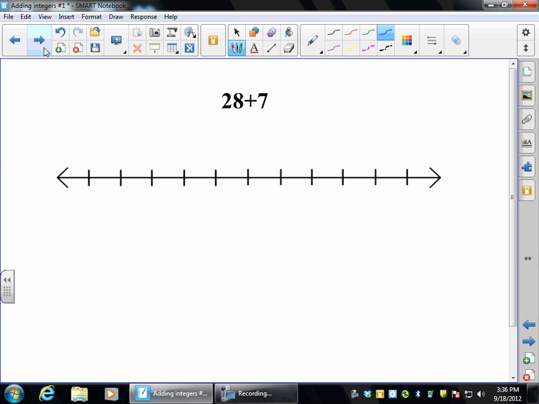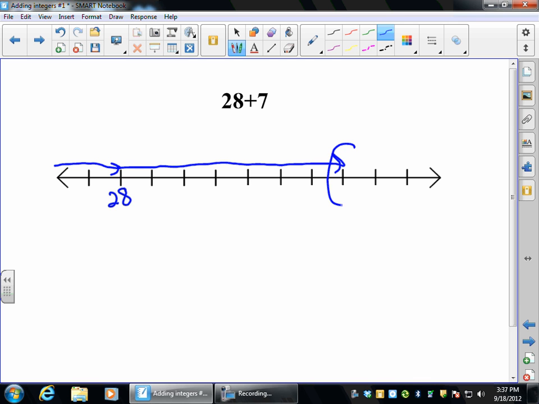So if we're doing one like 28 plus 7, this is obviously a short number line. We're not going to start at 0. Let's just say this was 28. So our first number is 28. That's where the arrow's coming out to 28. Then I'm going to add 7, so I'm going to go over 7 more: 1, 2, 3, 4, 5, 6, 7.